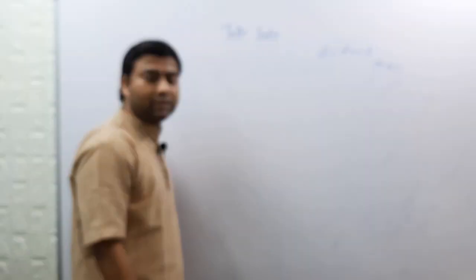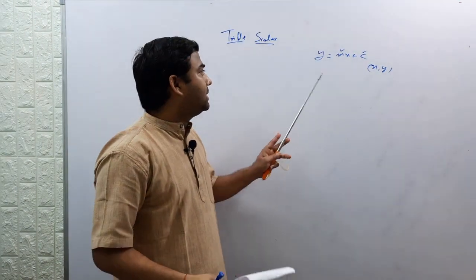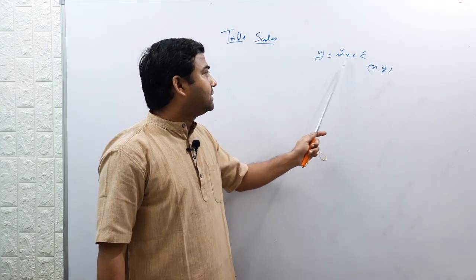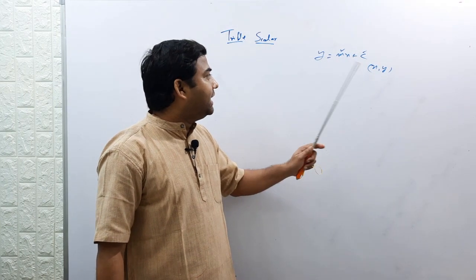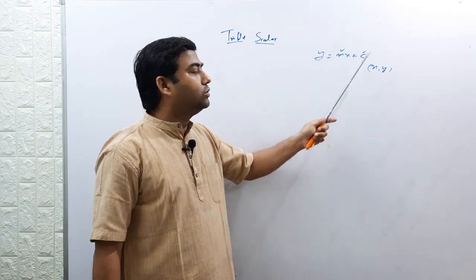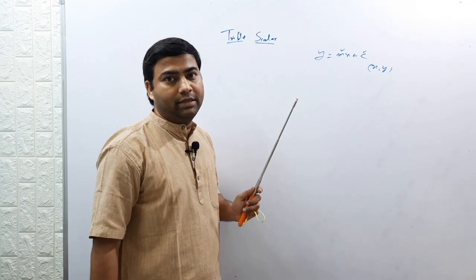That is the meaning of this equation in coordinate geometry. X and y are general points, and any point which satisfies this equation will lie on this line.